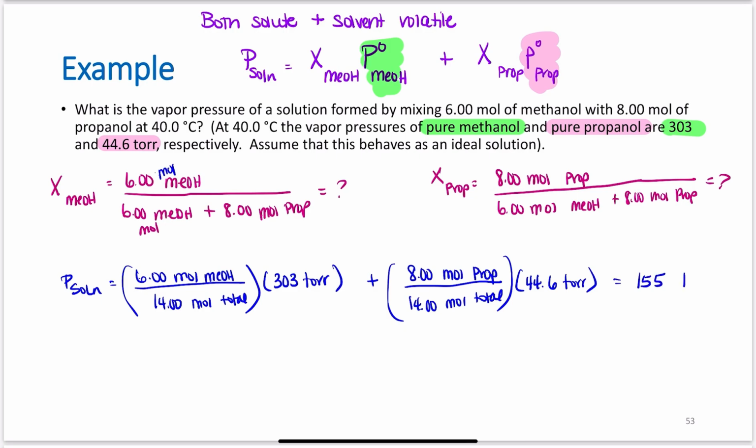That gives me 155 torr. So the vapor pressure of this system is 155 torr.